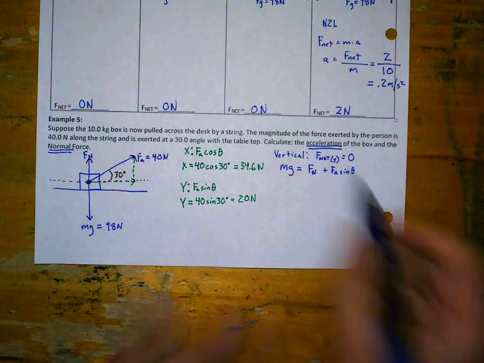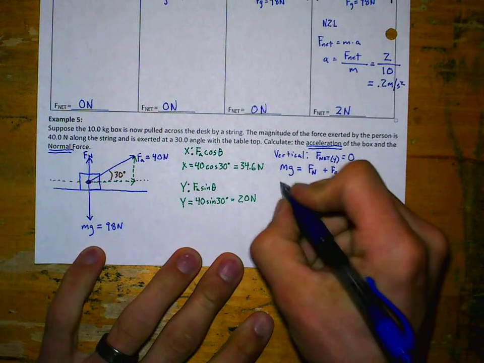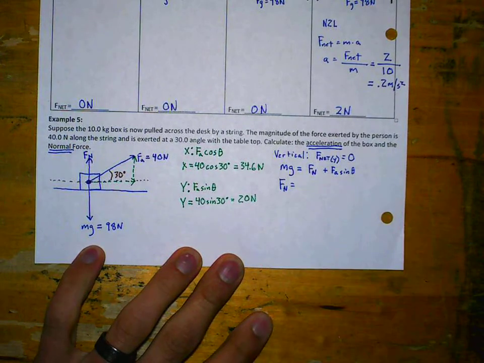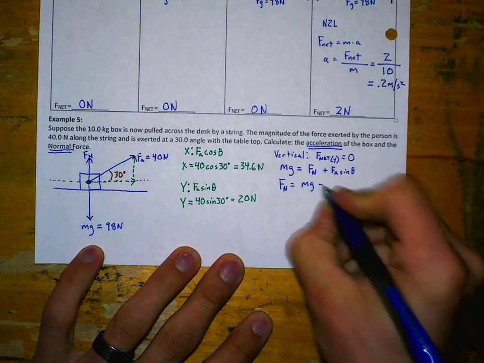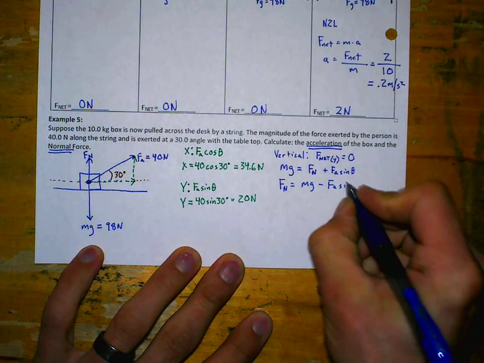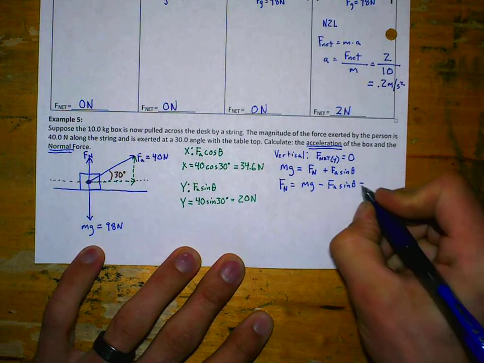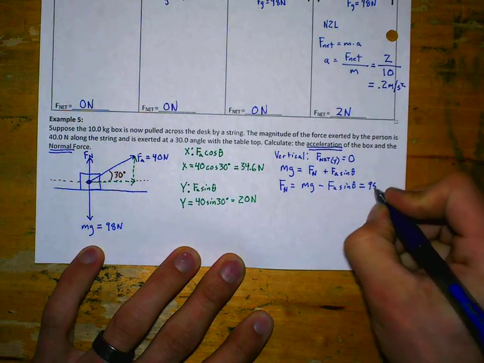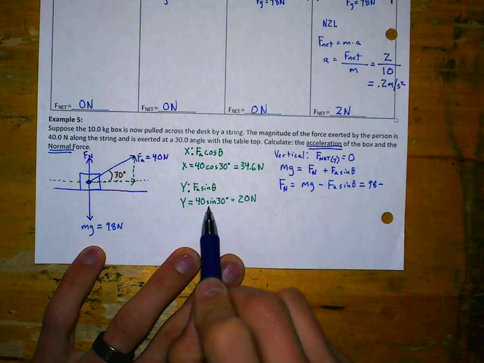Now we know all of those values except F normal. So now we can find F normal. Fn is equal to, and all I'm going to do is subtract that to the other side. So I'm going to have mg minus Fa sine theta. If we plug in our numbers here, we're going to do 98 minus Fa sine theta.